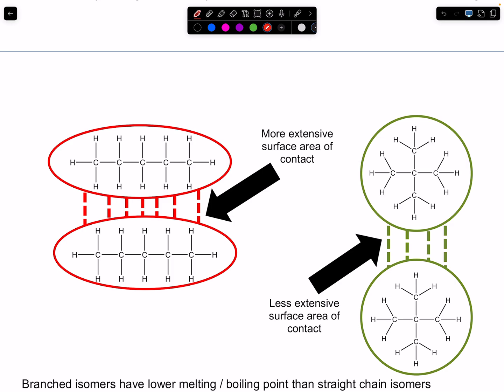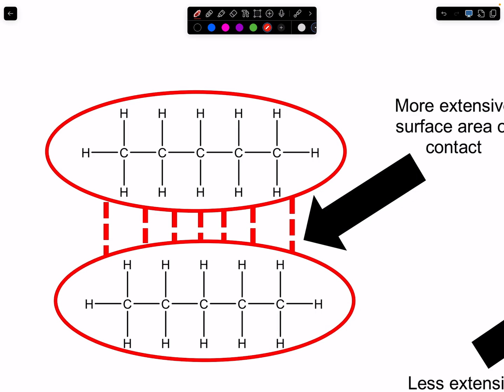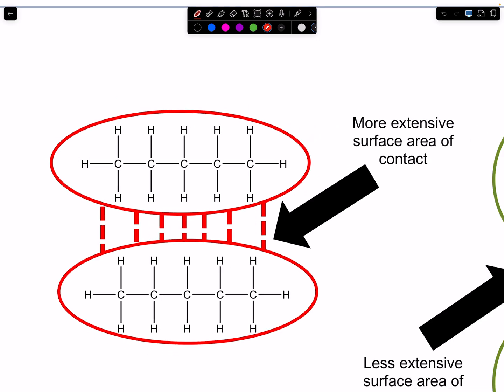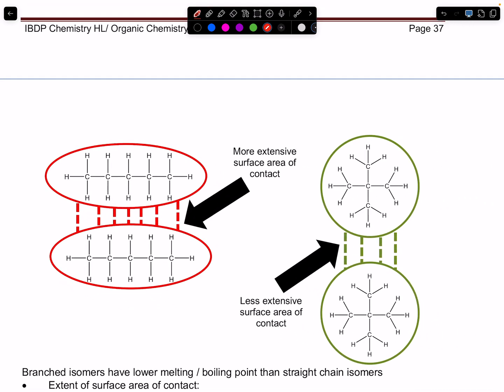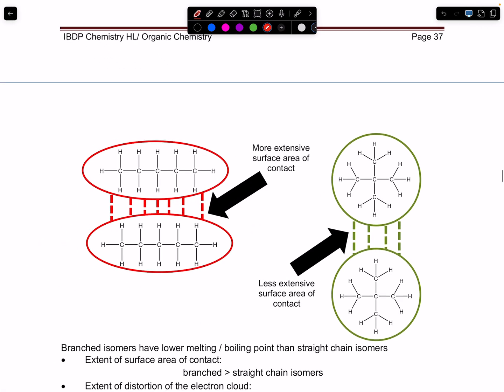Clear? However, these two are what we call aliphatic molecules. You still remember the term we used last week? Aliphatic, which means that you are either straight or branched. So, when you are a straight chain hydrocarbon, there's a greater surface area of contact. With a greater surface area of contact, your London dispersion forces are stronger. The molecule in green has a smaller surface area of contact, so its London dispersion forces are less extensive and hence it has a lower boiling point.